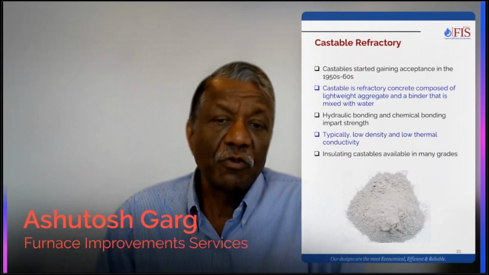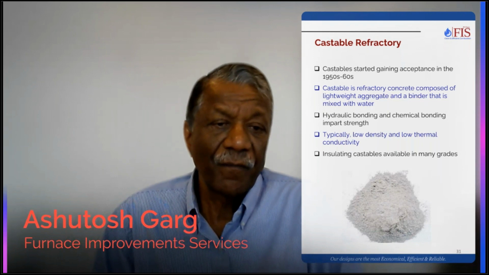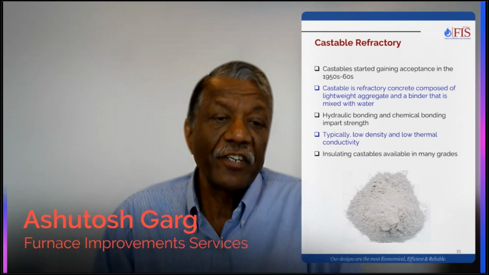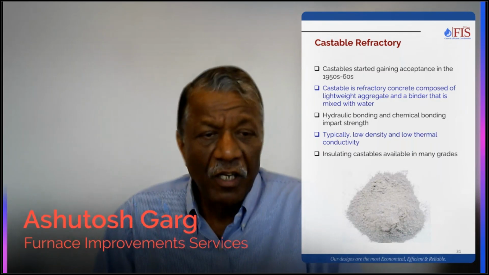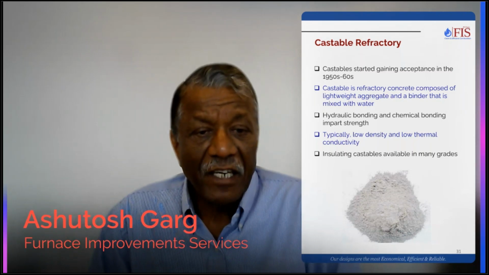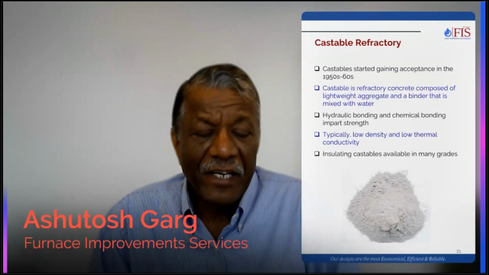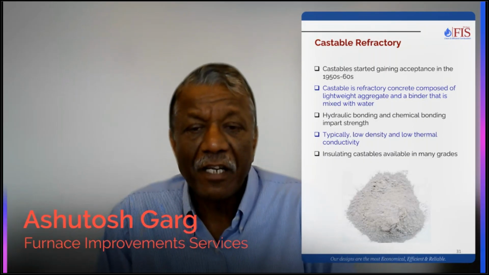So that's what imparts the strength. Now, you can mix these castables in different ratios, and you can achieve the low thermal conductivity or what you are trying to achieve. That is one reason the insulating castables are available in many grades.